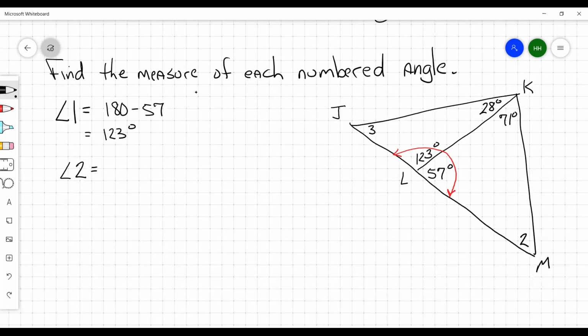So since they have to sum 180, angle 2 is going to be equal to 180 minus the 57 minus the 71, which is 52 degrees. So angle 2 down here is 52 degrees.